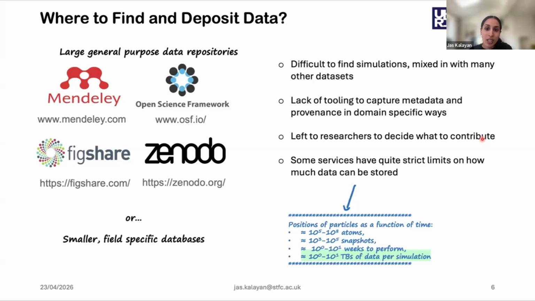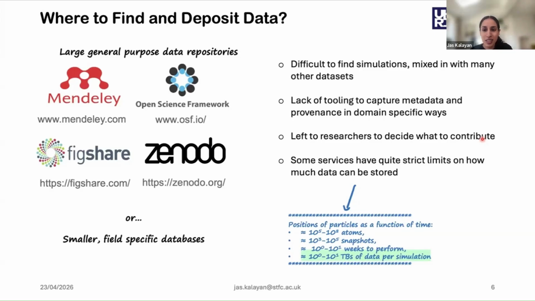There's also a lack of tooling to capture the metadata that is used to produce these simulations and also outputted from the simulation. And so you can't really capture that provenance in domain-specific ways and share that with these general data repositories. So it's left to the researchers to decide what to contribute.